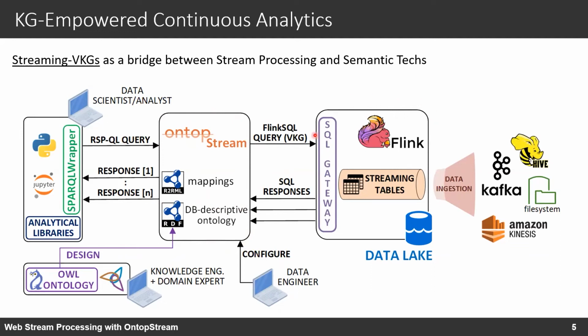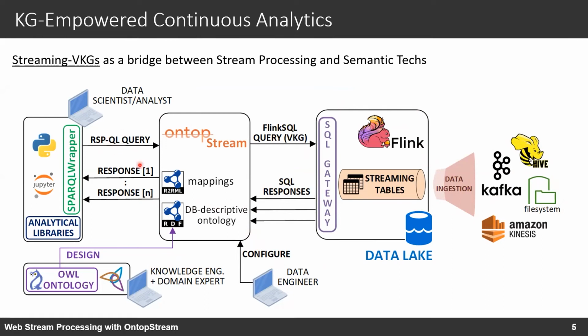And on the other side, we have the nice replication capabilities of a stream processing engine, plus all the data coming from several data sources, all integrated in a single place and queryable using a single query language, which is RSP4J.